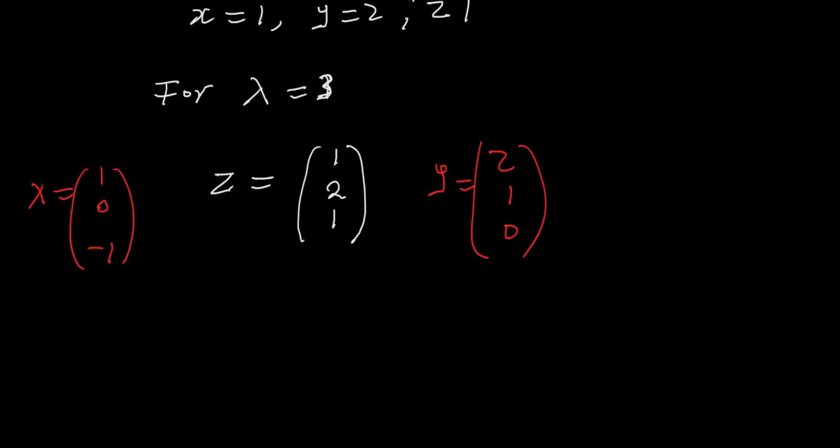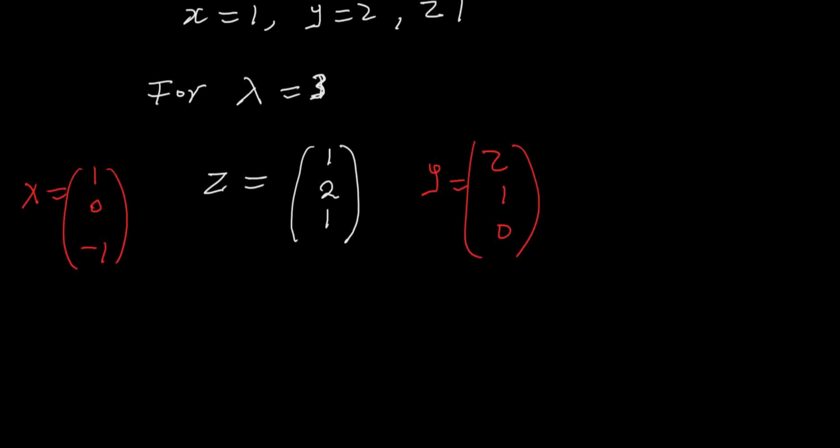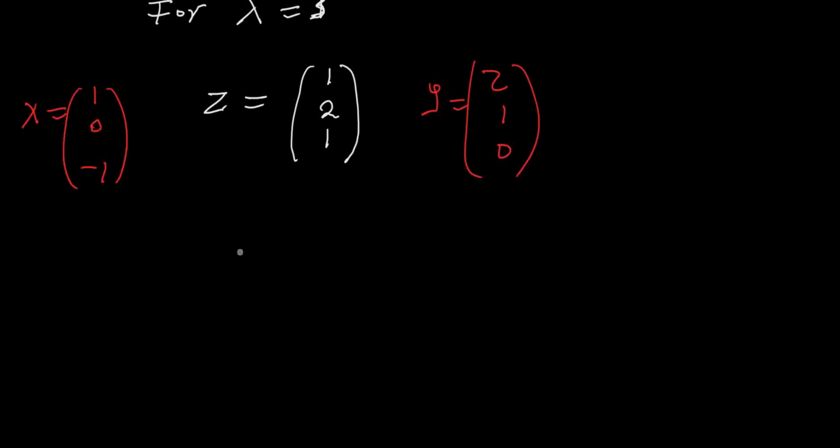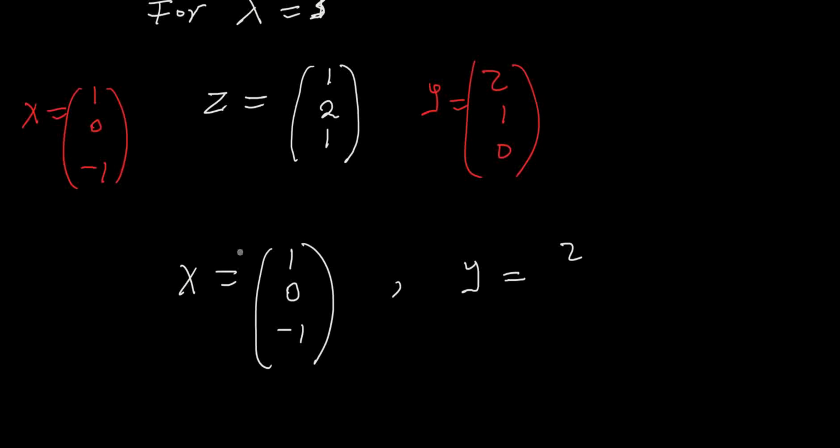So if we want to write this accordingly, x is equal to 1, 0, negative 1. y is equal to 2, 1, 0. And z is equal to 1, 2, 1.